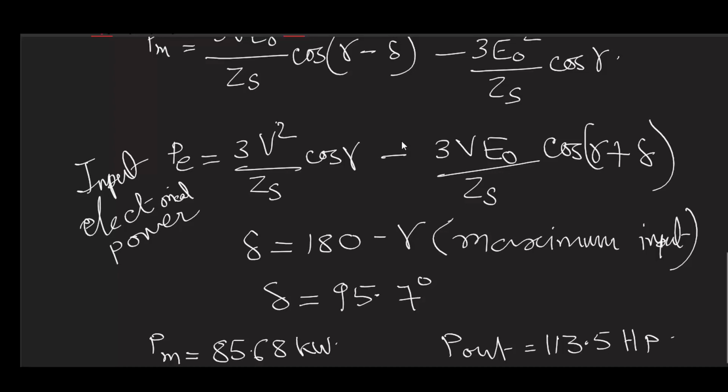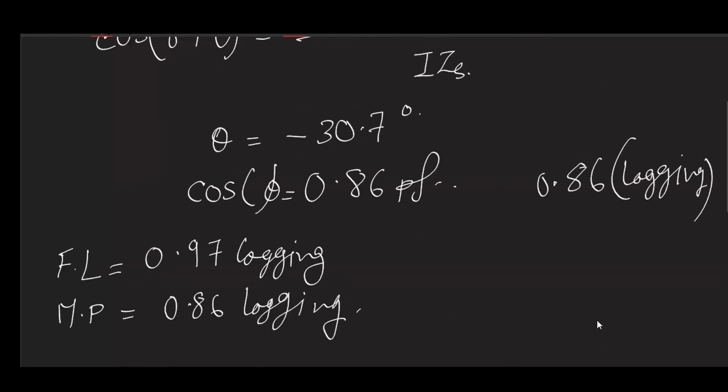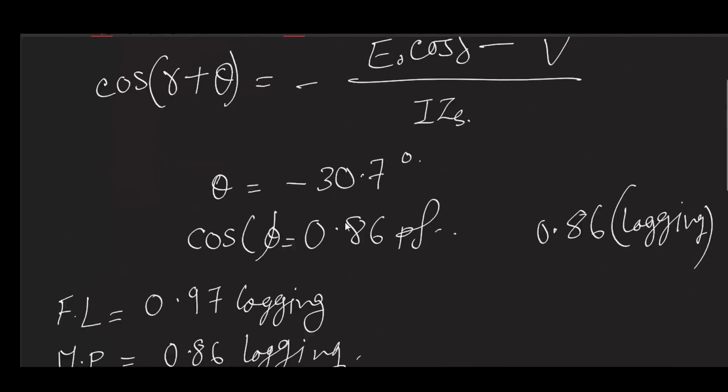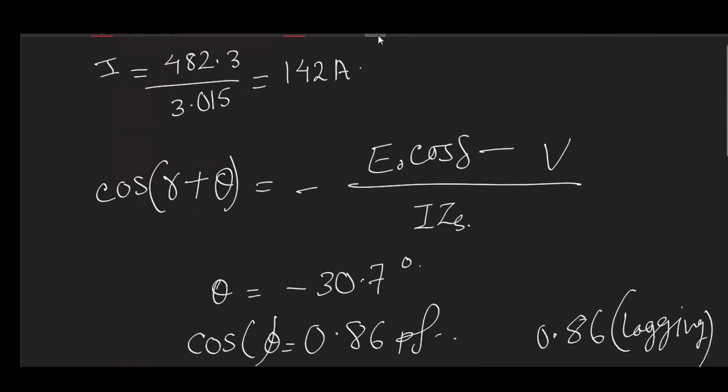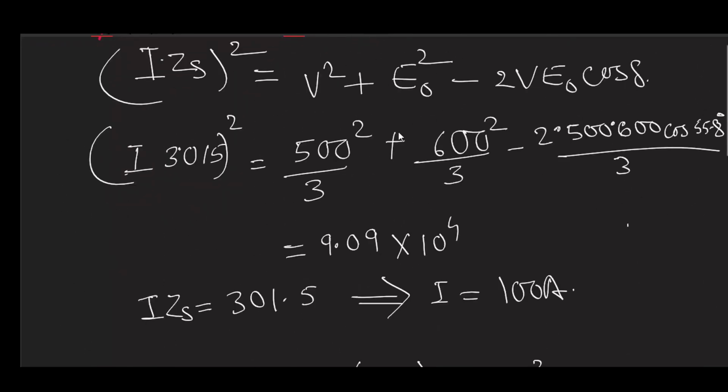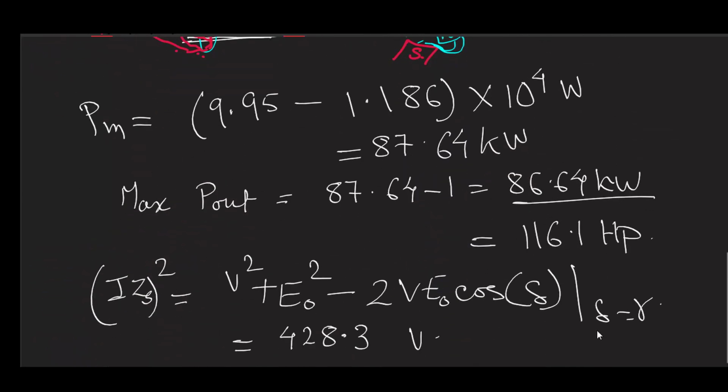But try to understand that this is something less than your maximum output power. During maximum output power you are getting 116.1 mechanical horsepower from your machine, mechanical shaft.